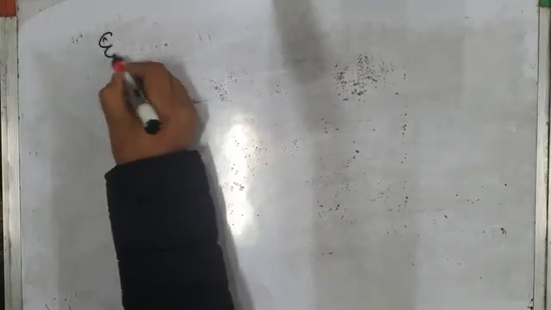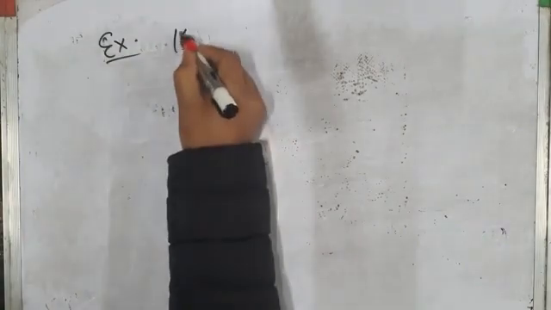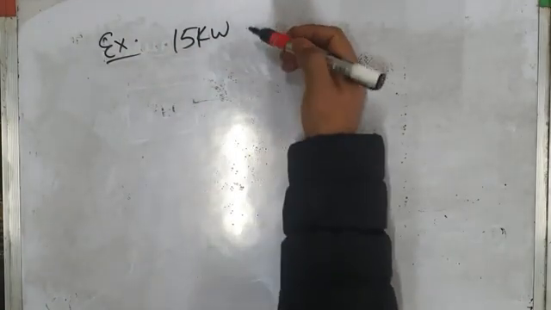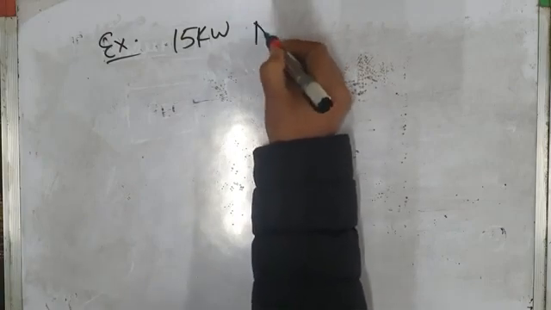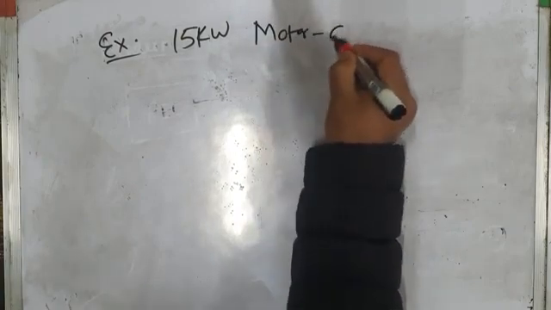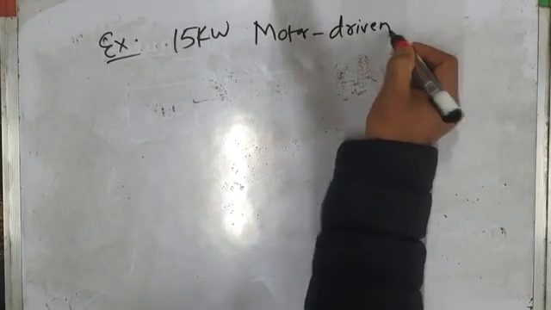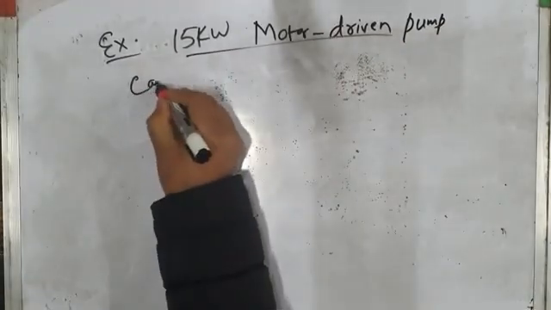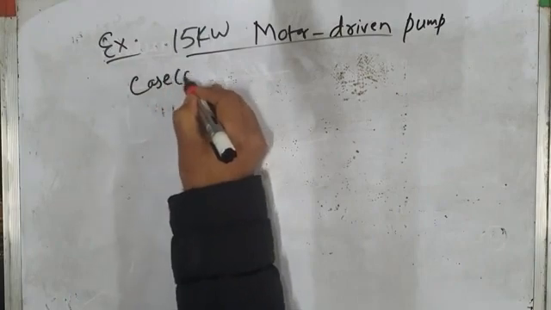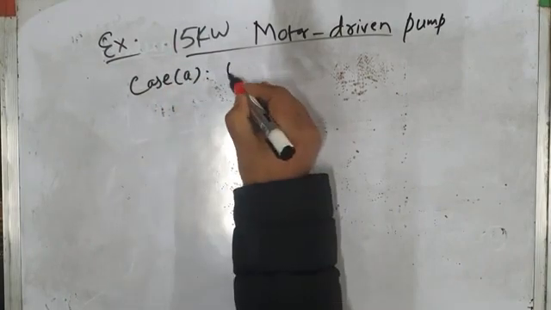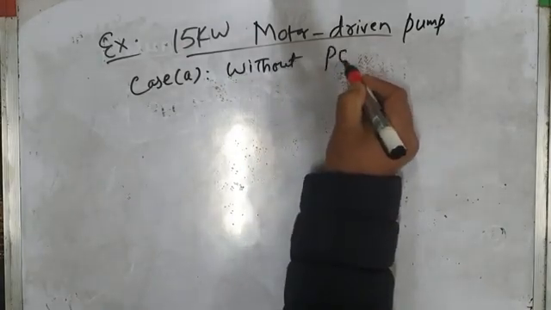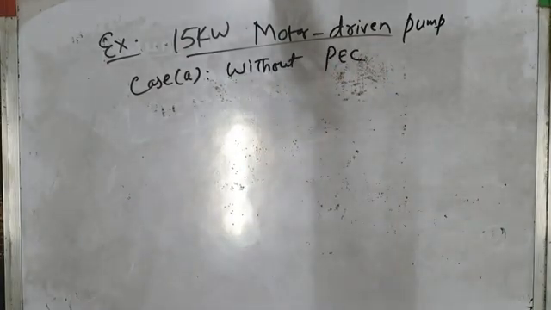Let us assume that we have a 15 kilowatt motor driven pump. Let us take two cases. Case A is without power electronic converter. That is a conventional motor driven pump.